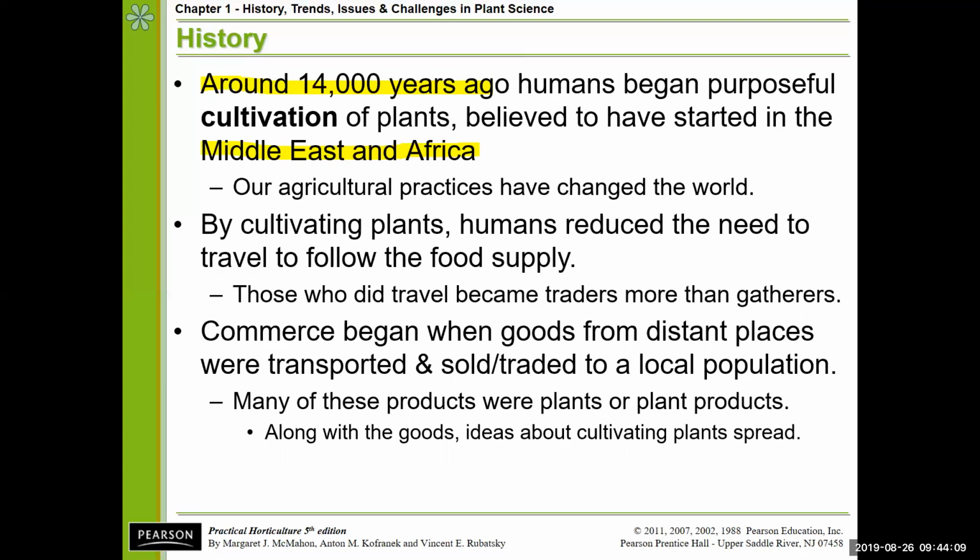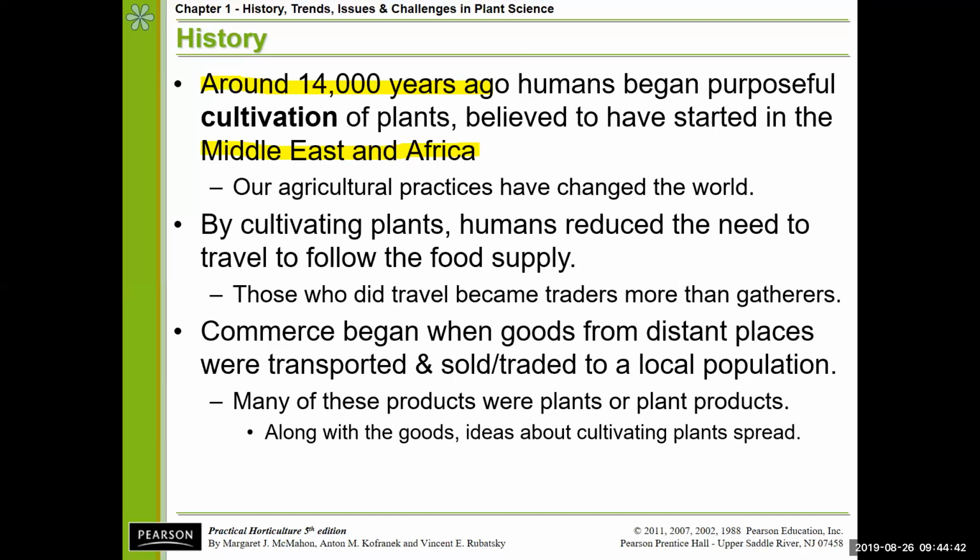It's this shift from being hunters and gatherers to being more sedentary and starting civilization, stopping moving as much and beginning to stay and plant fields and grow crops. Which also begins more commerce. We had trading before, but now we have more to trade, more of one product rather than a little bit of a ton of different products.